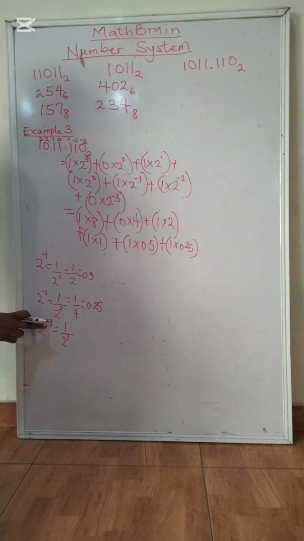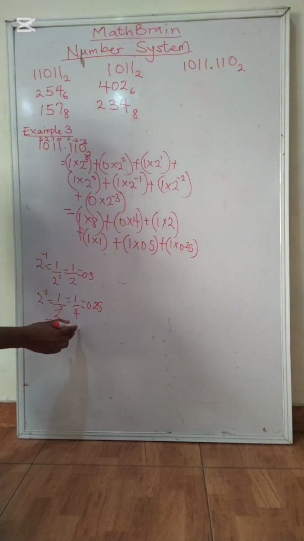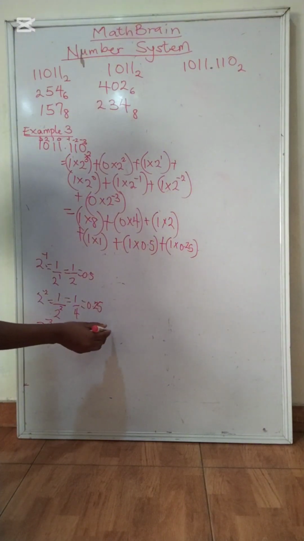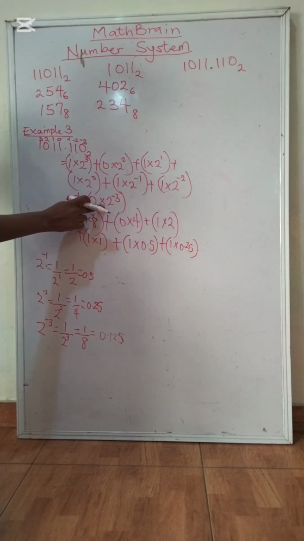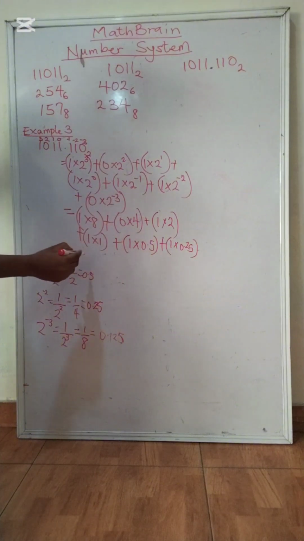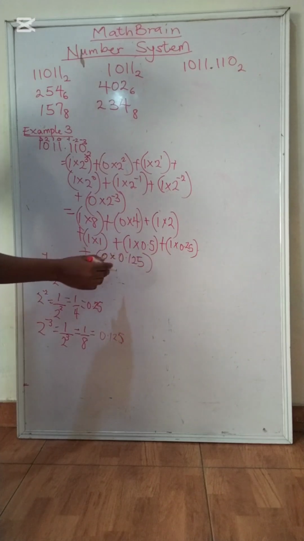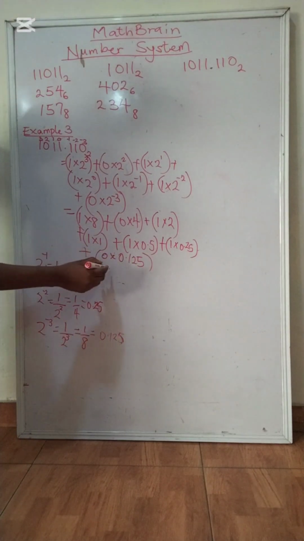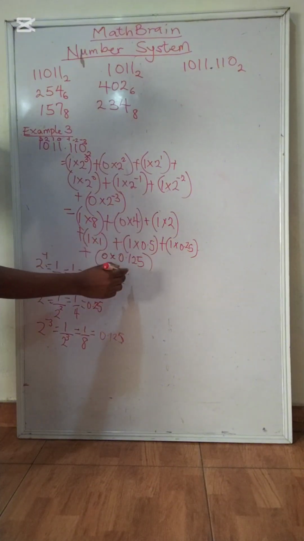And this last one, 2 raised to the power minus 3, is 1 over 2 raised to the power 3, which is 0.125. So we have 0 times 0.125. So we have 1 times 8 is 8, 0 times 4 is 0, that's plus 0.